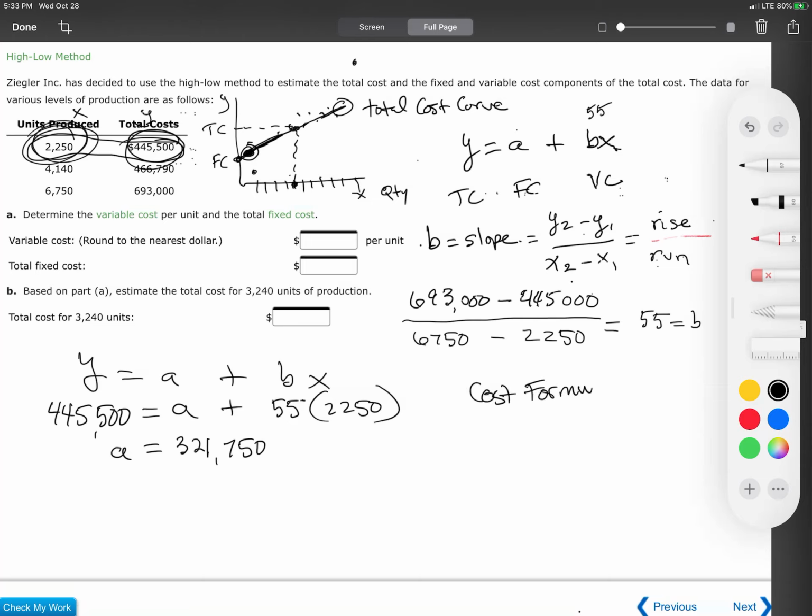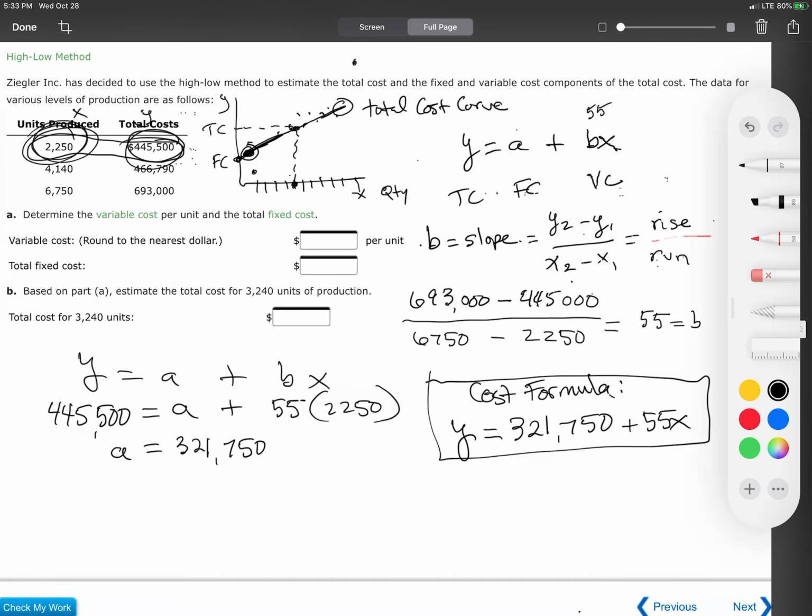Because I used the low point. Because that low point is on the line, I can use that as the values of x and y. And then I can solve for a using simple algebra. And a is 321750.